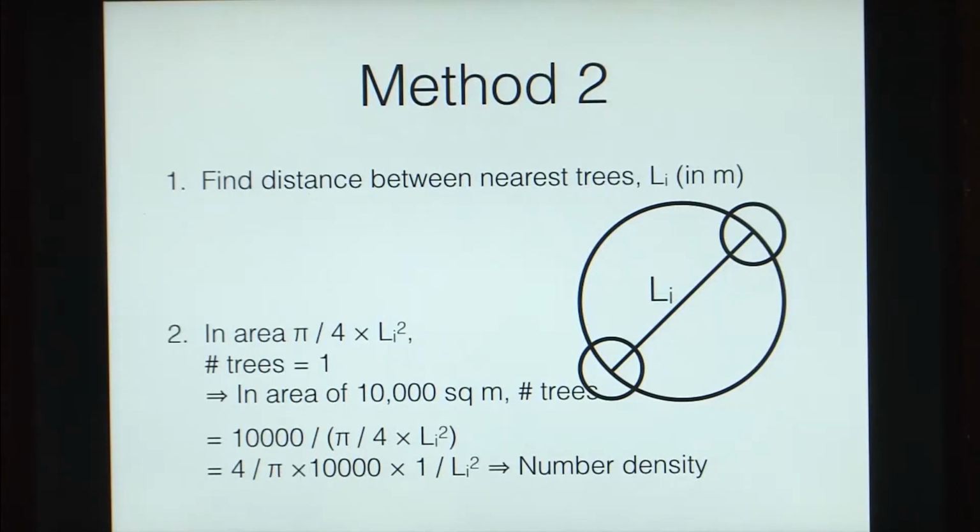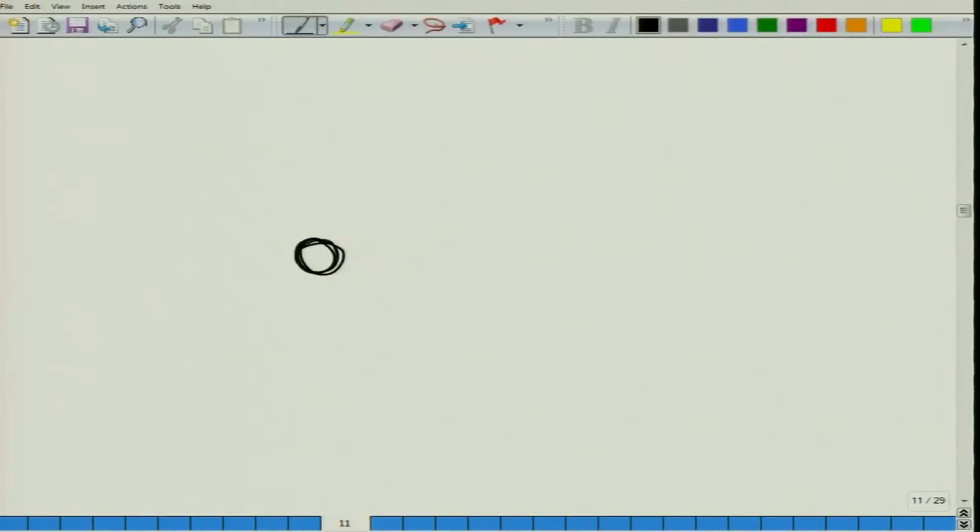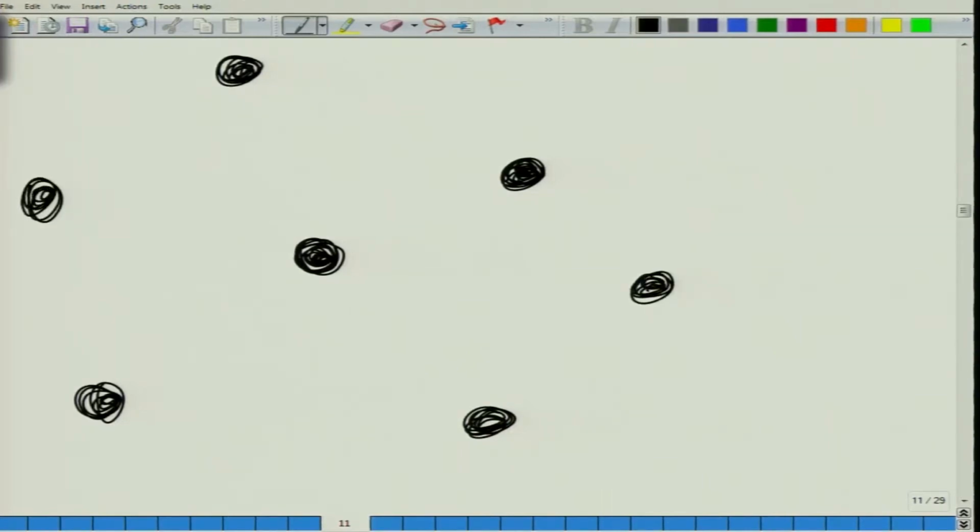So how does it look in a picture? Suppose this was one tree, and this is another tree. So these are the nearest two trees. Any other tree is at a greater distance from our sample tree. So this is the closest distance, which we have referred to as Li.